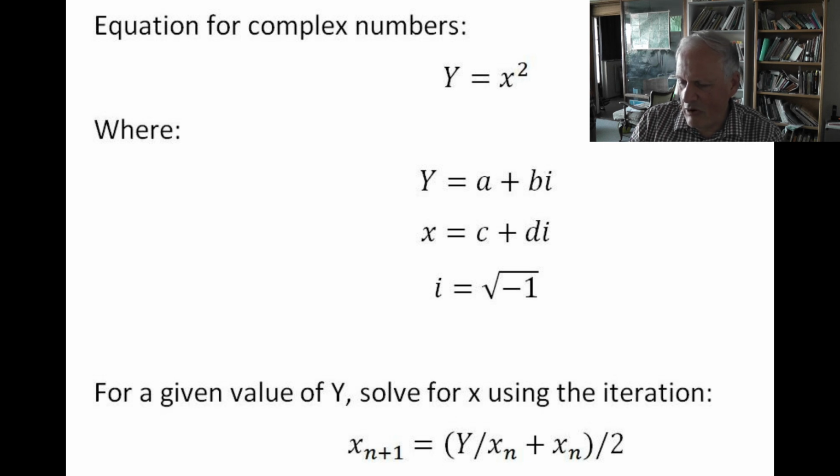Of course, square root of minus 1 doesn't really exist because minus 1 times minus 1 is plus 1, and plus 1 times plus 1 is plus 1, so there's no such thing as the square root of minus 1. That's why we call it imaginary. However, I can still use exactly the same iteration scheme as you can see at the bottom of the page. I just have to substitute the imaginary and real numbers into the equation.